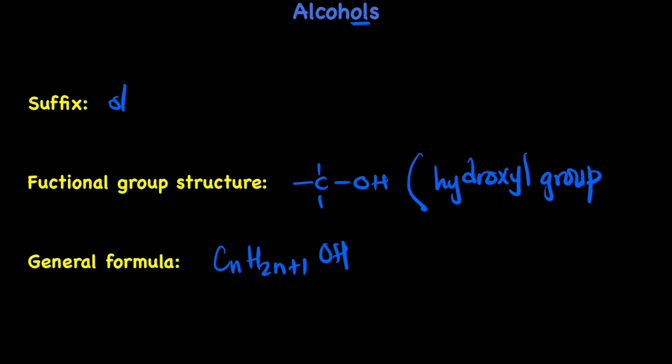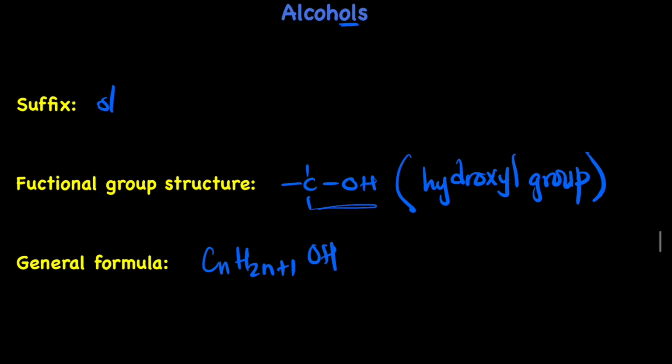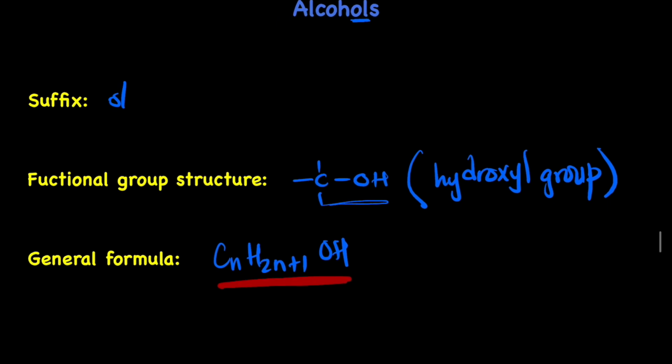The OH in water is called a hydroxyl group. So the functional group structure of an alcohol is one carbon with the OH, then the general formula, and the suffix is "ol". I hope I make sense.